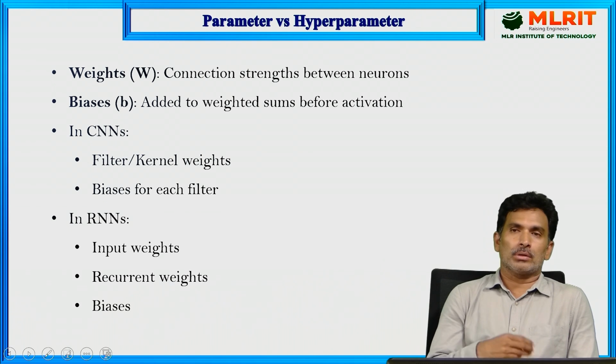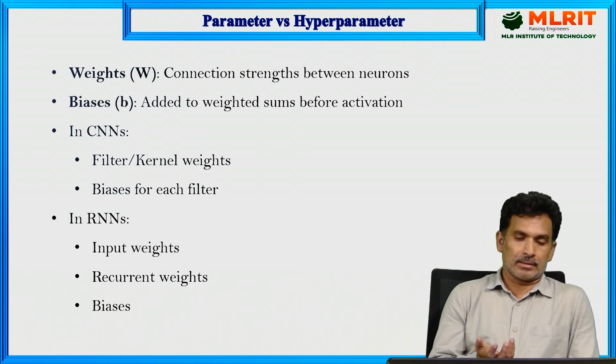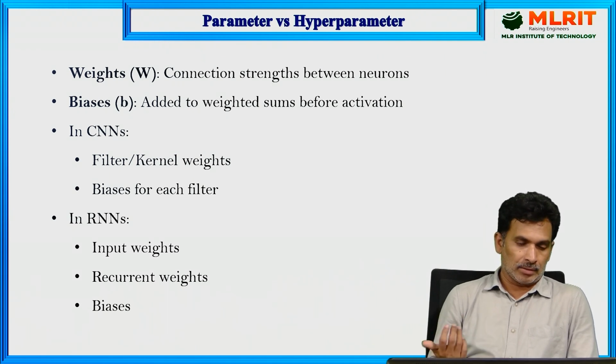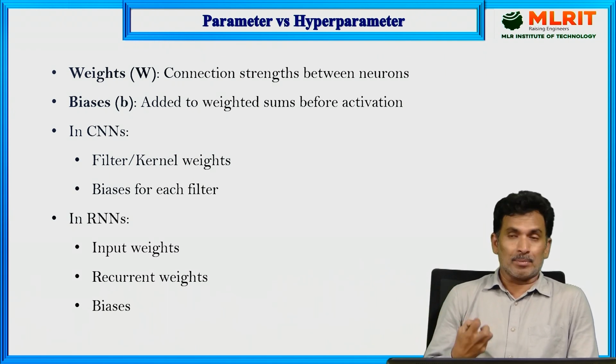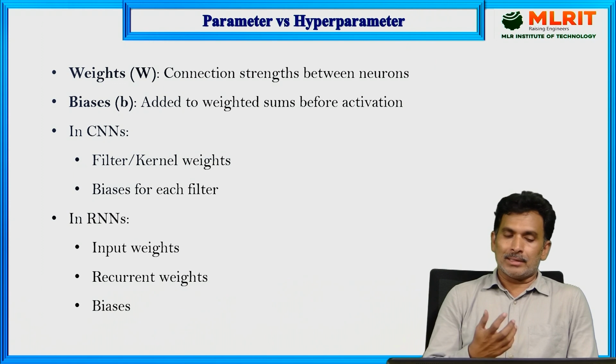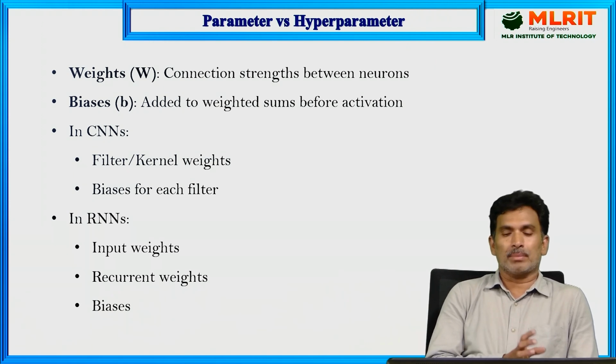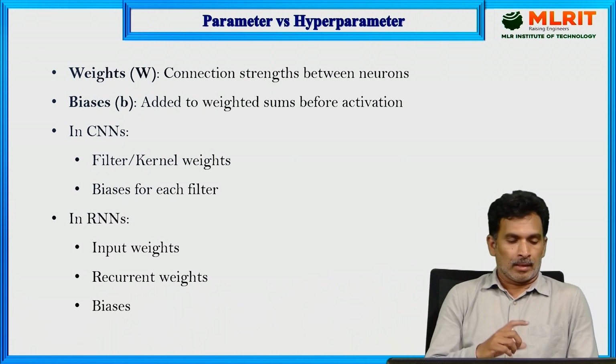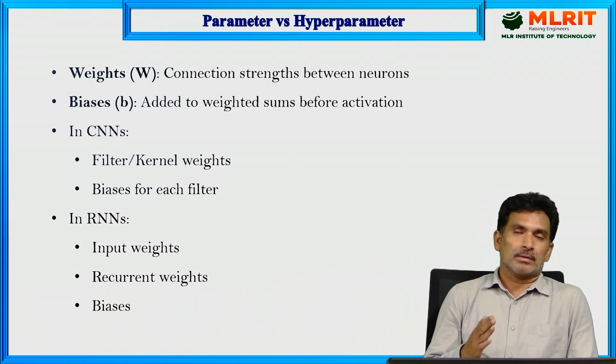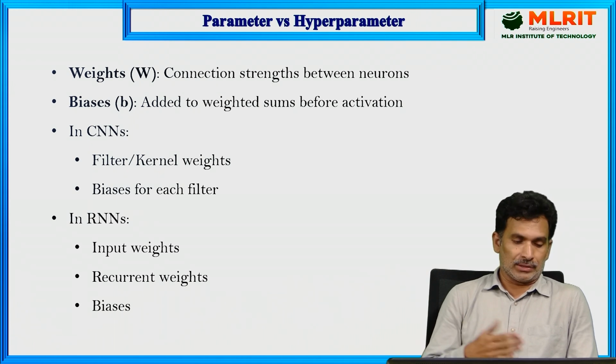Next, if you look in detail, if we divide the parameters and the hyperparameters in deep learning models, the parameters are mainly the weights and biases. Weights are the connection strengths between the neurons, and the biases are added to the weighted sum before the activation function.